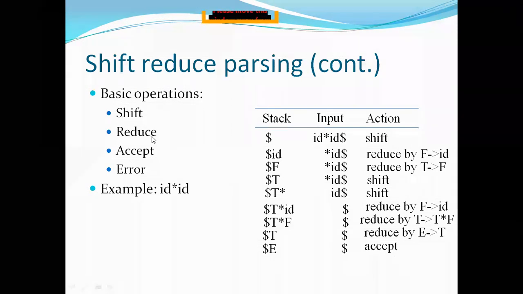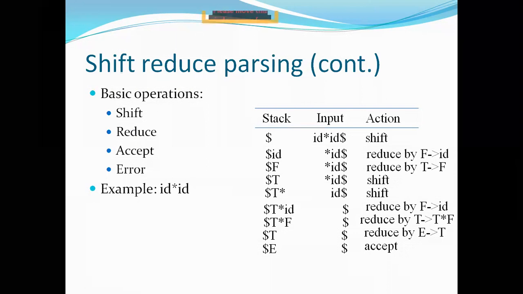And what is reduce operation? So in this reduce operation we want to replace that terminal with left side non terminal. సో మనం స్టాక్ లోకి ఏదైతే పుష్ చేసామో ఆ స్టాక్ లో పుష్ చేసిన టెర్మినల్ ని మనం లెఫ్ట్ సైడ్ నాన్ టెర్మినల్ తో రీప్లేస్ చేస్తాము. దట్ ఈస్ హ్యావింగ్ reduce. And what is accept means? So what is the acceptance?